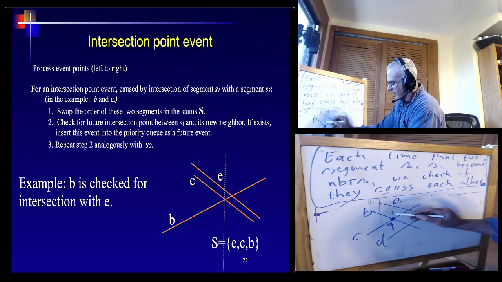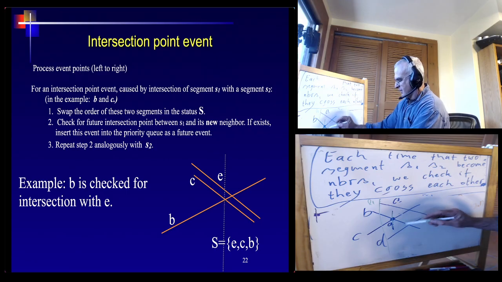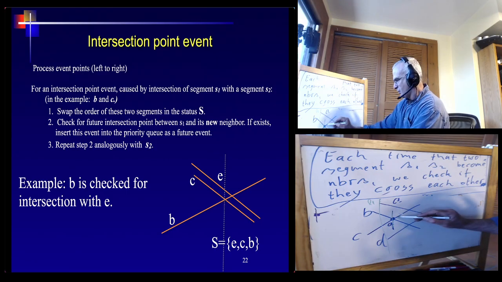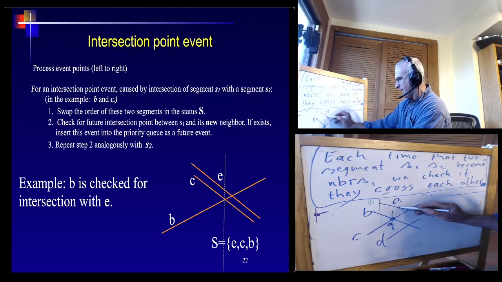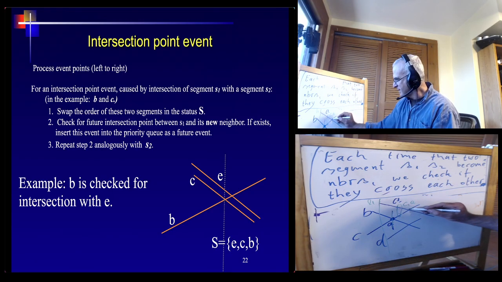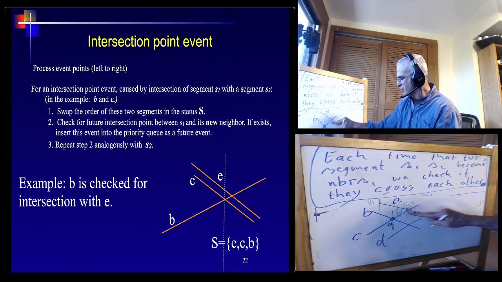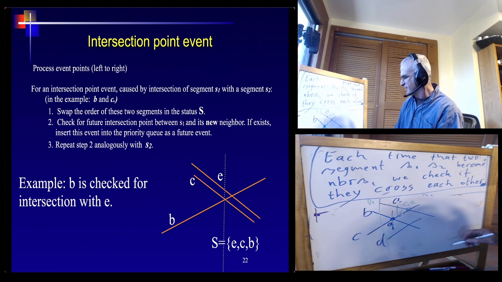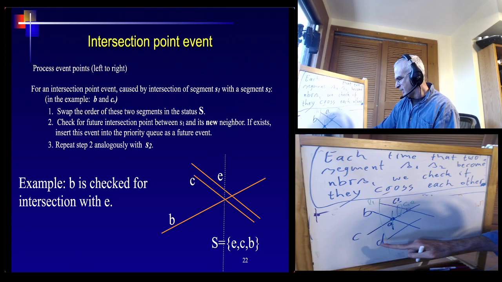What happened when I hit the intersection point? The order between B and C is switched. So C is becoming a neighbor of A. Check for intersection points. That's the moment at which you're discovering the future intersection points between C and A. What about B and D?